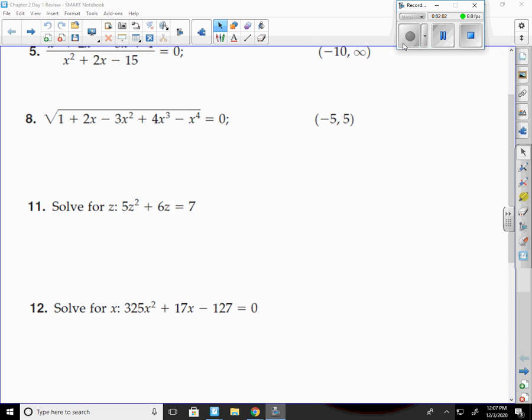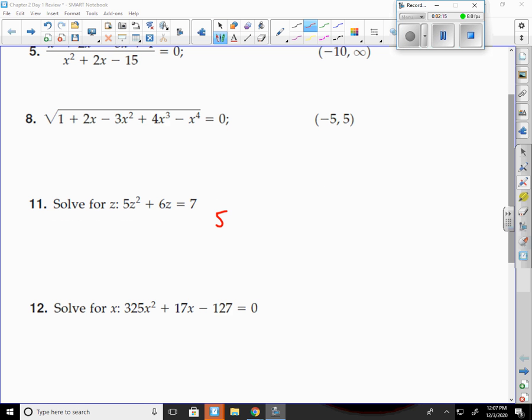If we look at number 11, first thing I have to do is subtract the 7 over to the other side, right? So when I subtract that over to the other side, that gives me 5z squared plus 6z minus 7. All right? So now let's just use the quadratic formula.